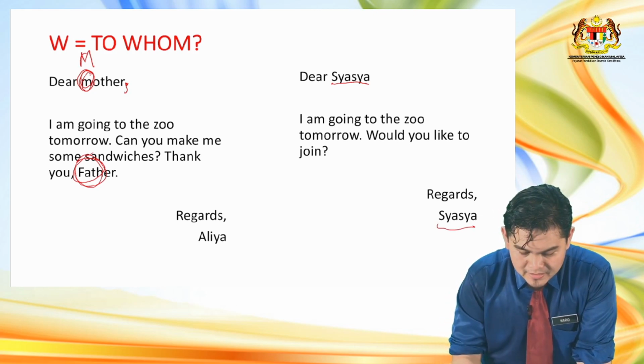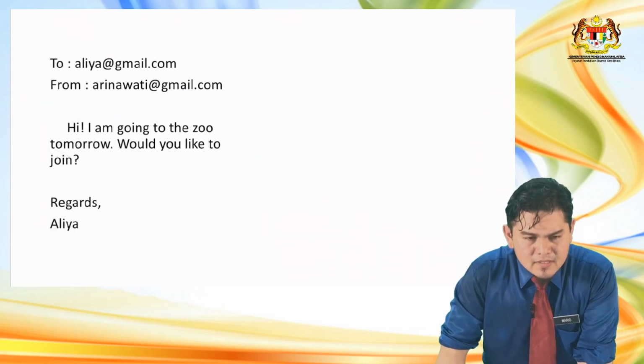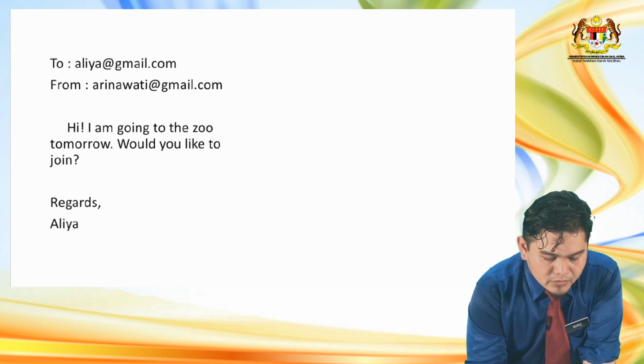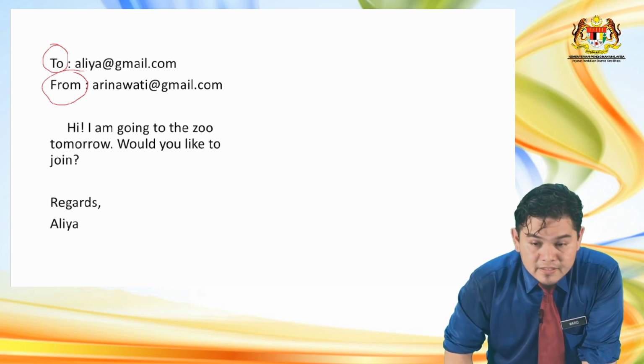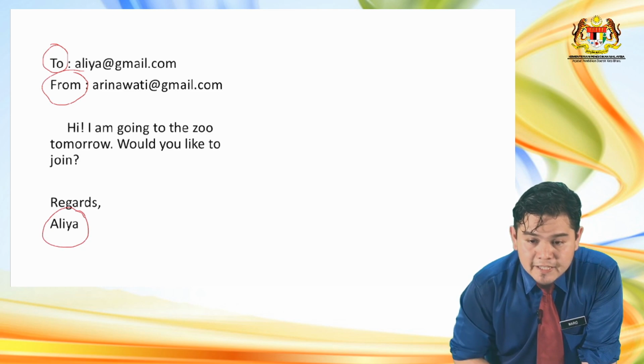Okay, next, this is another example, and this quite often happens, especially when we are talking about email. So you get confused between to and from. To Alia, regards Alia, which is quite a similar situation to what I have shown earlier.